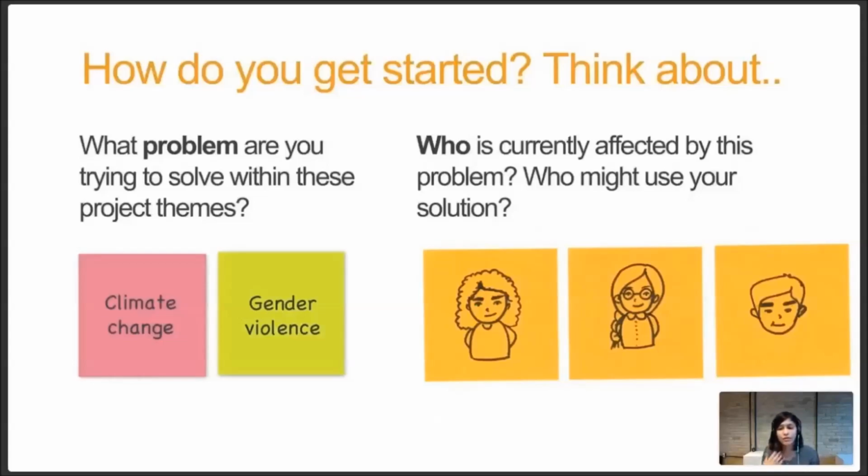Do you want to involve the teachers? Or do you want to involve the authorities like cops or the school administration or those kinds of things? So you want to think about who might be involved in the project, or not involved, but who would be using your solution or who would be affected by the solution and the problem that you are thinking about for this particular project.